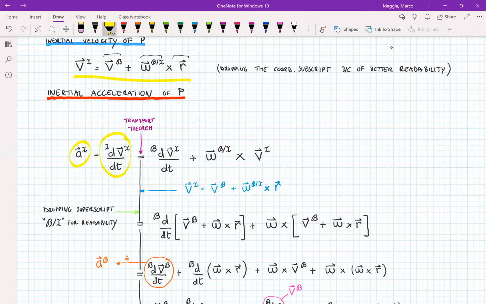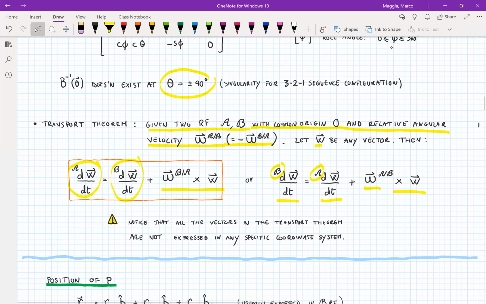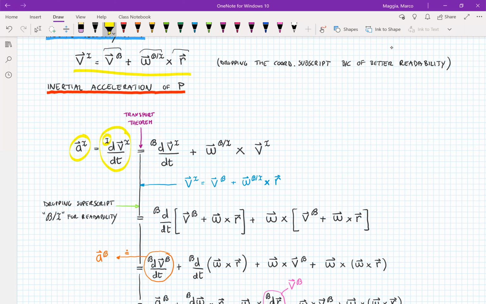The transport theorem says that the time derivative of a vector with respect to I, so go back and just substitute I with A here, is equal to the time derivative of the same vector with respect to reference frame B plus the relative angular velocity between the two frames of reference, cross product the vector, which in this case is the inertial velocity VI.